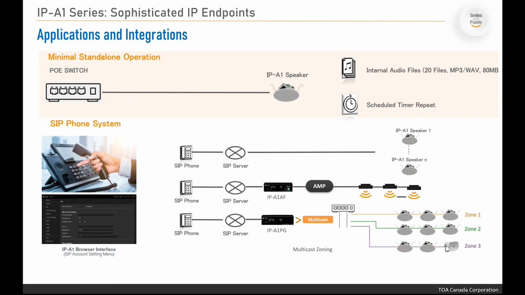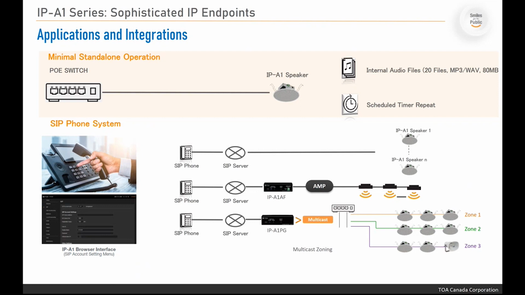Since we have in the lineup an audio interface that we talked about and the paging gateway, these devices can be very useful when you want to integrate with an analog local amplifier. So you can use the IP-A1 AF, and that way your SIP phone can stream over these analog speakers through the IP-A1 AF.